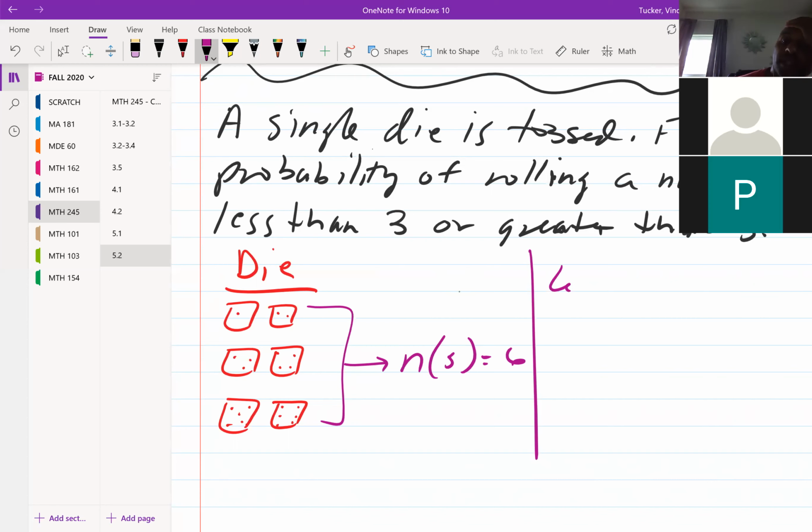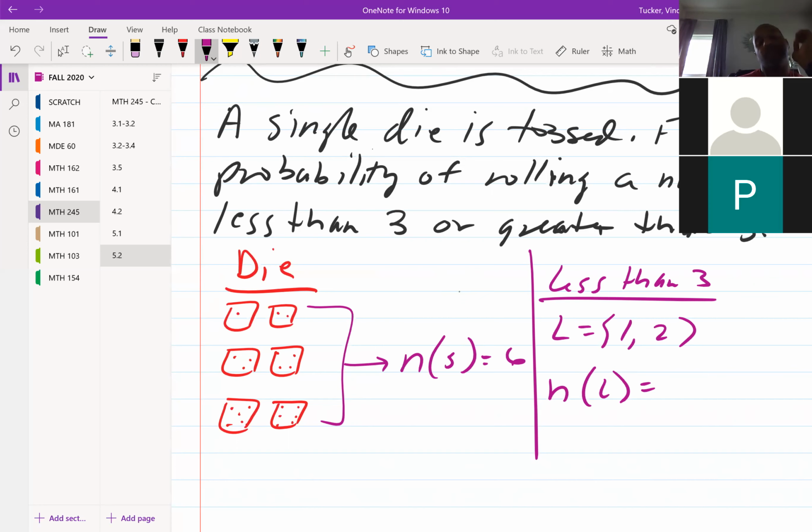So you're talking about less than 3. So I can call it L. Less than 3 are the values 1 and 2. So the number of elements is 2.